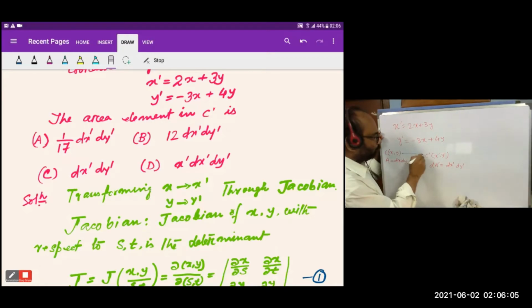So we are going from C to C dash. That means A to A dash. You can write dA is equal to dx dy.